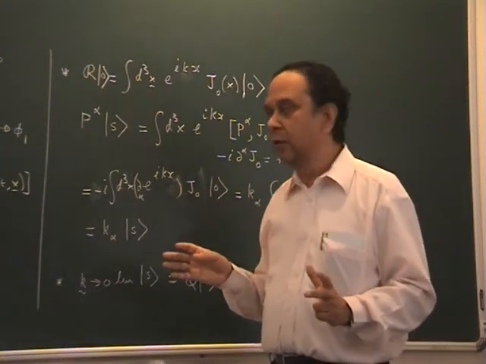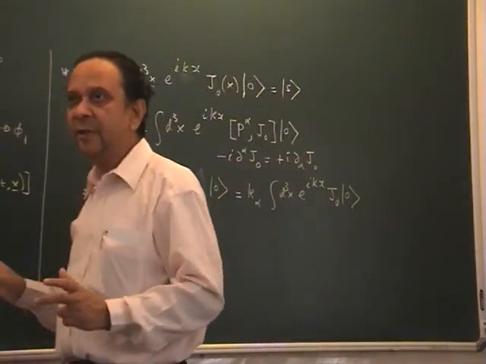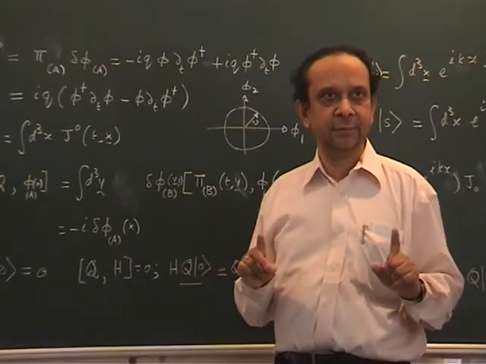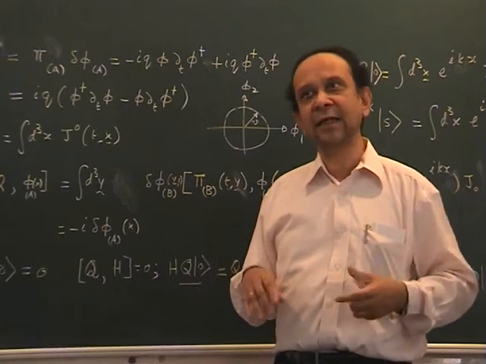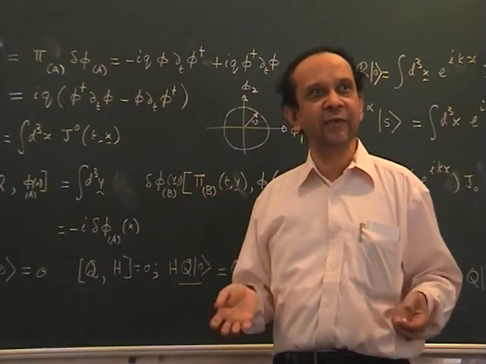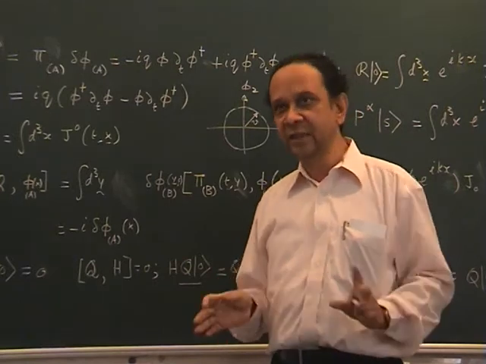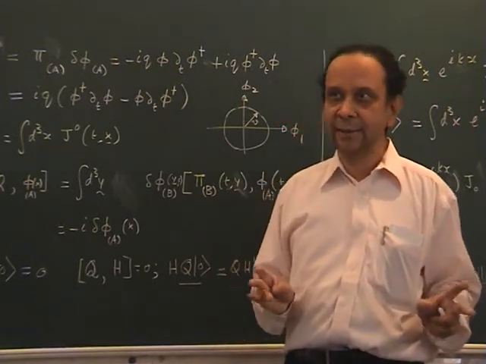Okay. Now, the beauty of this argument is that it does not ever use relativity. I never said that it is a relativistically invariant system or a field theoretic system or the Hamiltonian has a particular form or the potential has a particular form, any such thing.